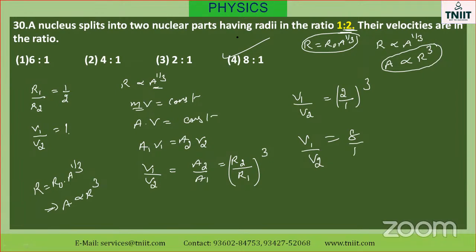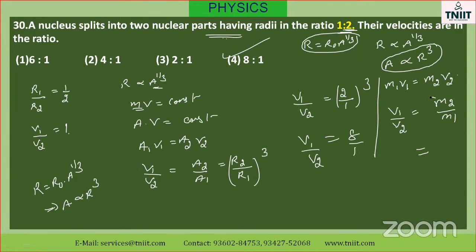Whenever the nucleus is going to disintegrate, its momentum has to remain the same. Momentum is conserved means mass of the first particle into velocity of the first particle must be equal to mass of the second particle into velocity of the second particle. So V1 by V2 is M2 by M1.